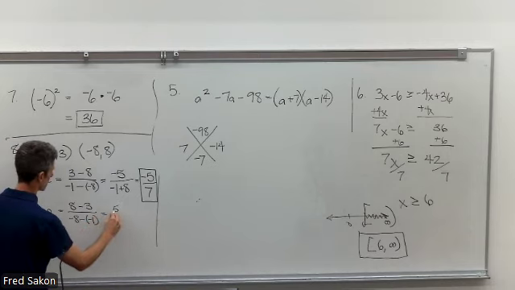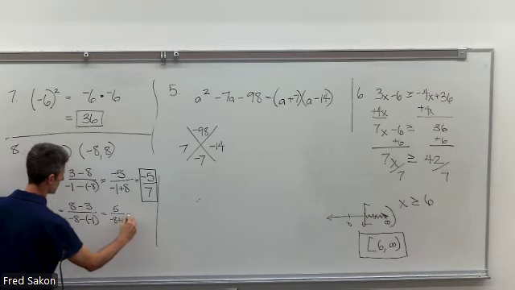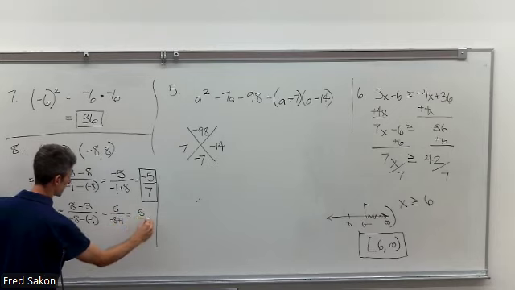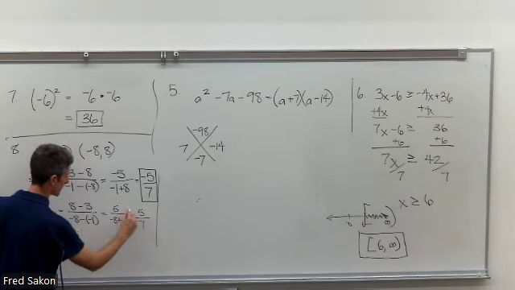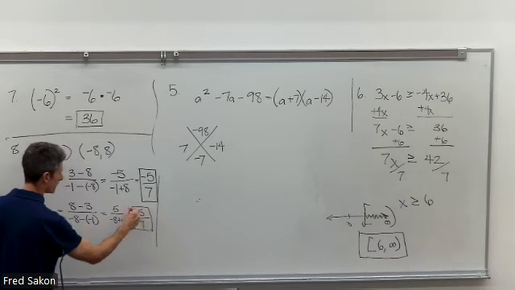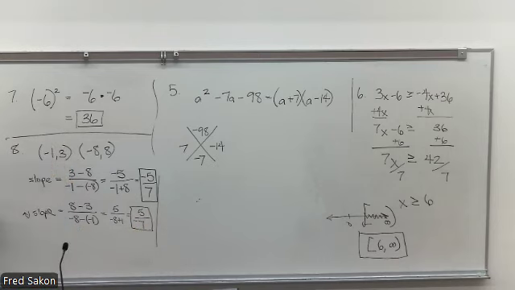Get 5 over -8 plus 1 is 5 over -7. Same answer. My negative just popped up in a different place, but one negative sign somewhere in a fraction just means it's negative. It doesn't matter where it is necessarily. Both of those equal -5/7.